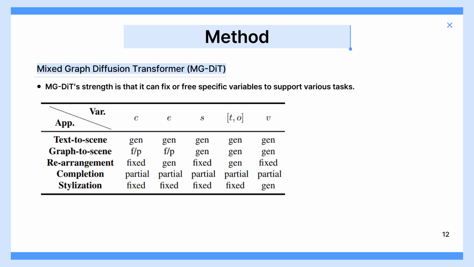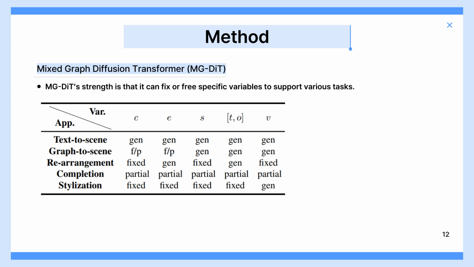One of the greatest strengths of MGDIT is that the model can selectively fix some variables and regenerate others. This allows the same model to perform many different tasks. For example, if the object categories and relationships are fixed, but the positions are regenerated, this becomes a rearrangement task.